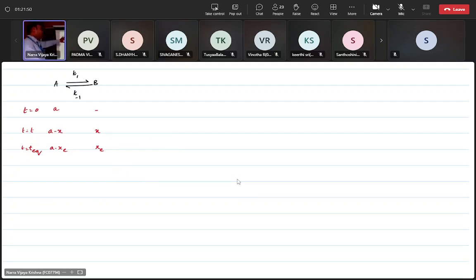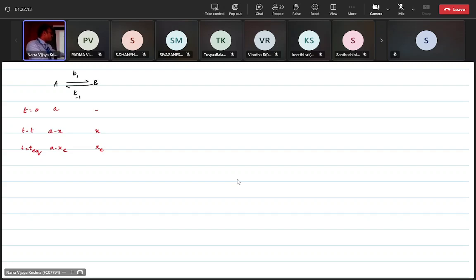How to write the rate expression for it? When time t equal to t, change in concentration of A is x. So I can write it as dx by dt. Final concentration minus initial concentration by t. What is that? x.